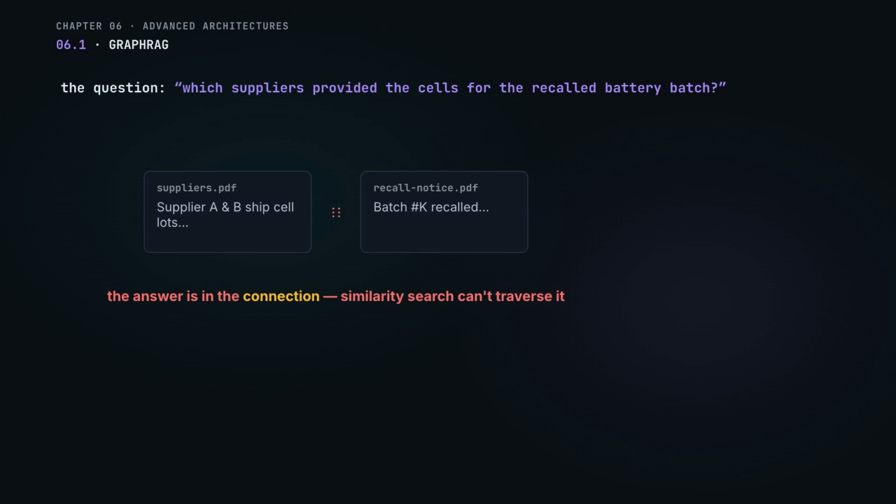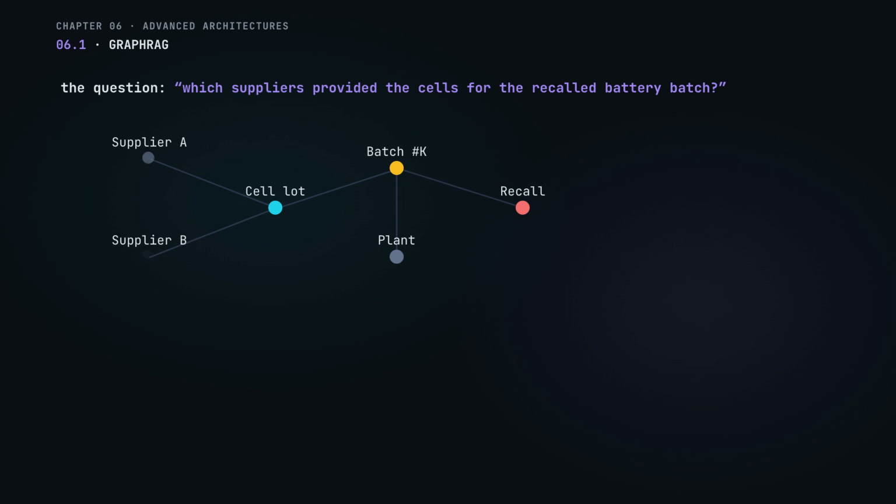GraphRAG from Microsoft Research is built for exactly this. First, a language model reads the whole corpus and pulls out the key entities and the relationships between them. It stores all of that as a knowledge graph. Then, it clusters the graph into communities of related ideas and writes a summary for each one. Now, the queries get interesting.